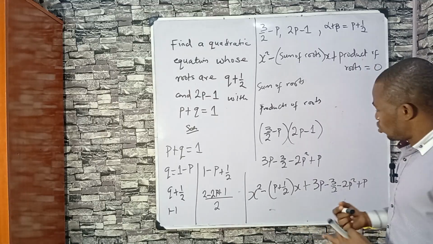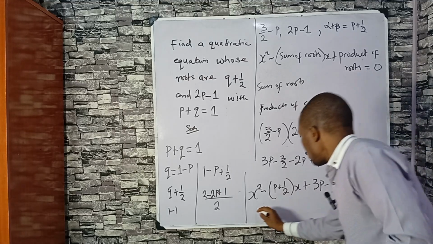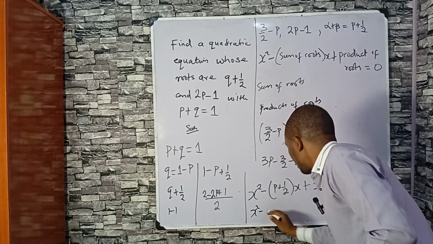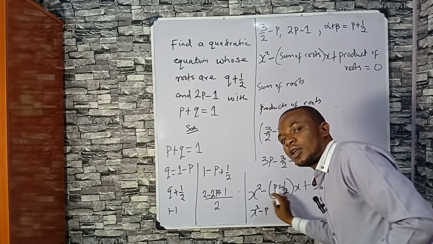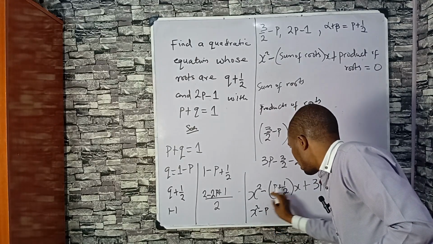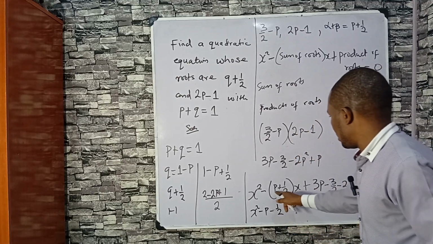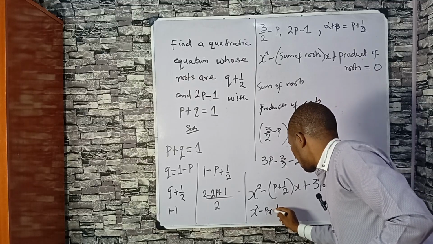Let's see, x squared minus p, this minus will multiply the bracket, so minus p and minus a half. Don't forget that this comes with x. There's a mistake there, they will come with x.